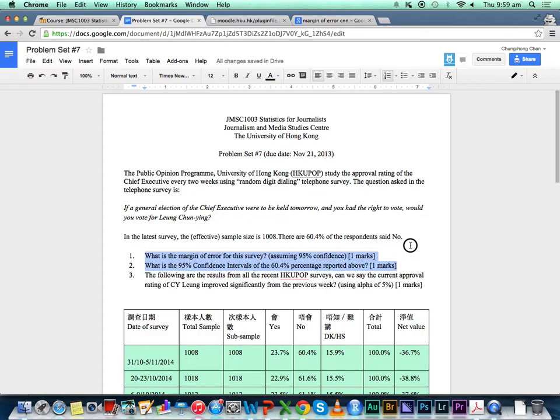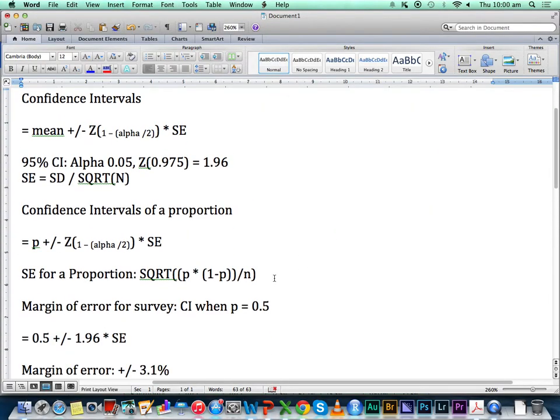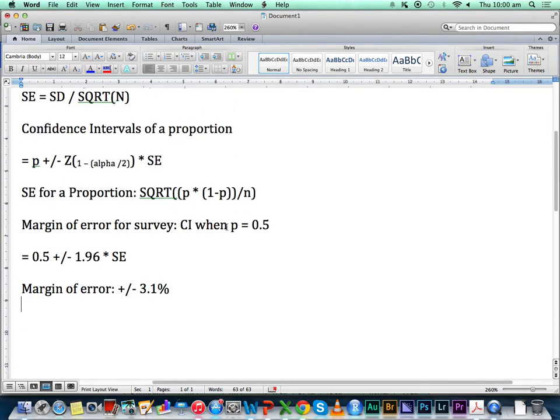And the second question is, what is the 95% confidence interval of the 60.4 percentage reported above? And again, this is a question of plugging the numbers into the equation and then you get the answer.